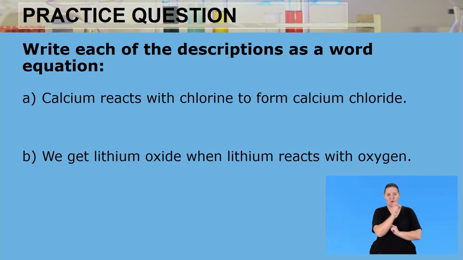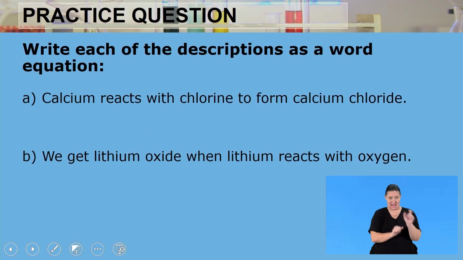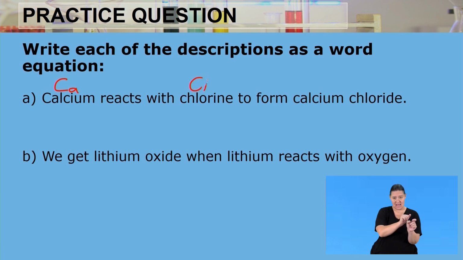We are given calcium, and we know from the periodic table that calcium has a chemical formula of Ca. So calcium reacts with chlorine. Remember, chlorine is part of the diatomic molecule, so it's written as Cl2, to form calcium chloride. So we need to write this as a word equation.